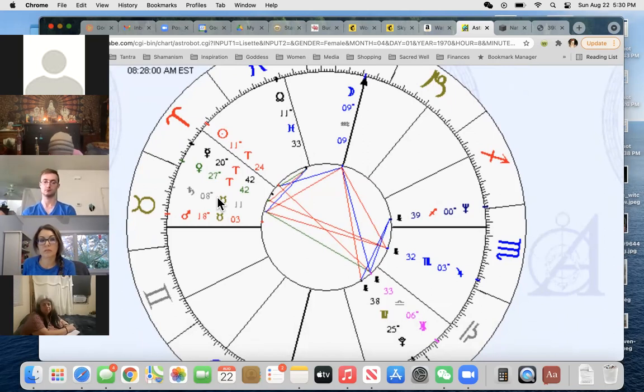Oh, and by the way, your card for the 9th house was the 9 of Wands, which is like always feeling like you're almost there, but not quite. Almost always feeling like, oh, I'm almost there, but I have a little more to do.